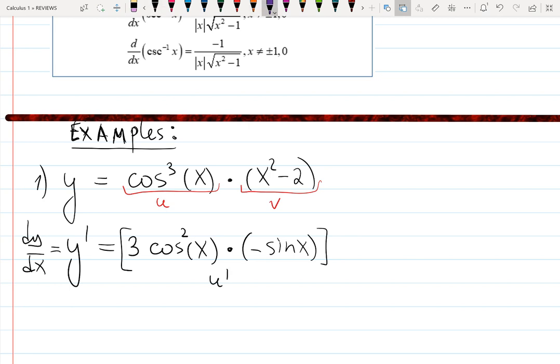Copy v, x squared minus 2, now plus copy u, cosine cubed x times the derivative of v, which is 2x.